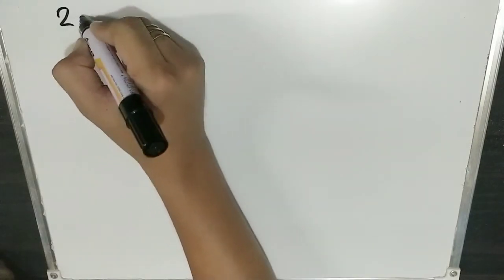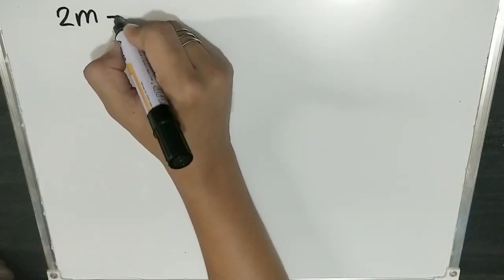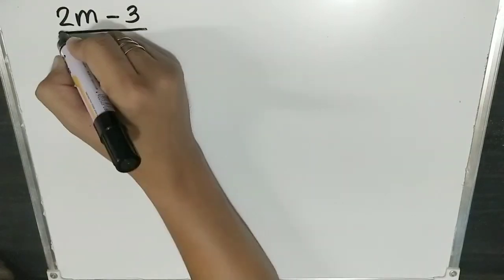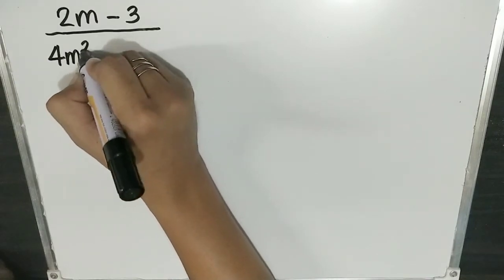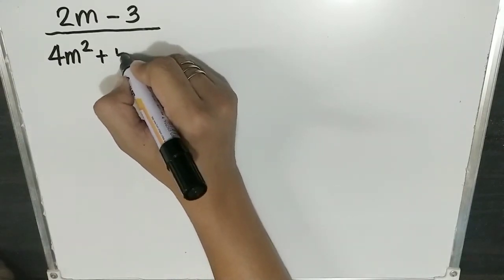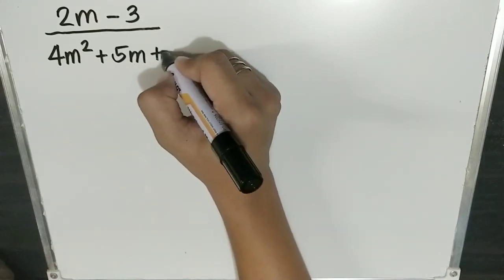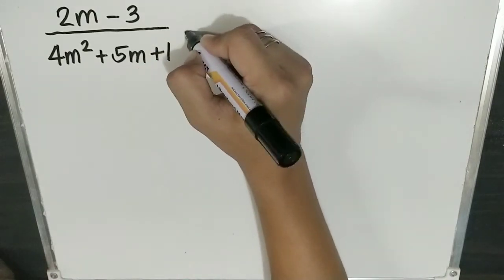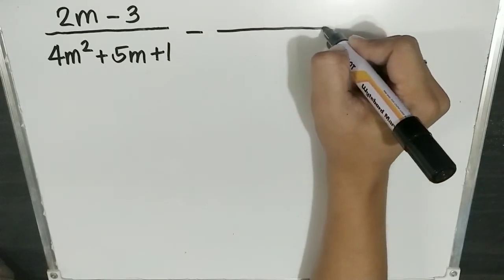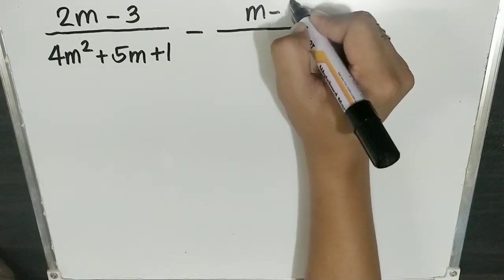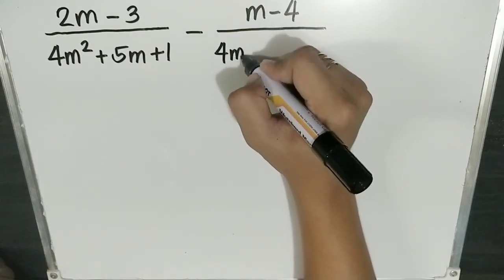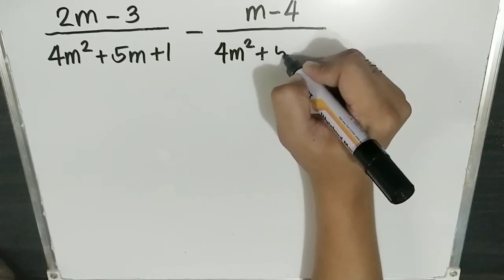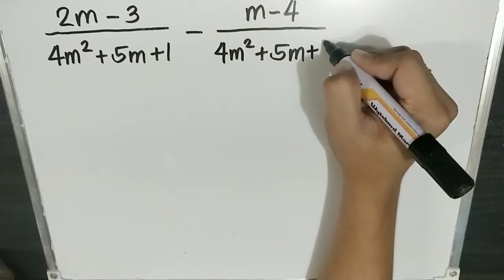Let's have another example. 2m minus 3 all over 4m squared plus 5m plus 1 minus m minus 4 all over 4m squared plus 5m plus 1.